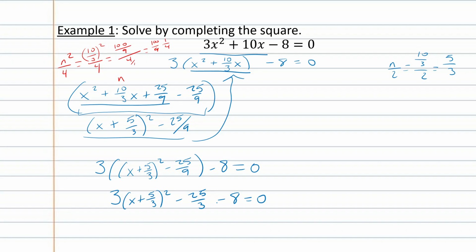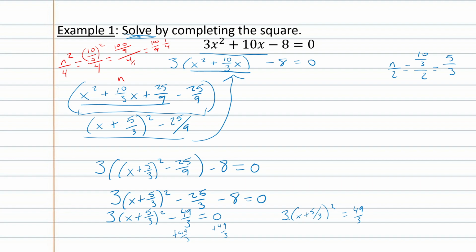So it simplifies down to 3 times x plus 5/3 squared minus 49/3 equals 0. Now, the whole deal in this is we're trying to solve. We're not just trying to complete zero. We're trying to solve, and we have an equivalency here with the 0. Now, what I need to do next is add that 49/3 over to the right-hand side, and that's going to give me 3 times x plus 5/3 squared equals 49/3.